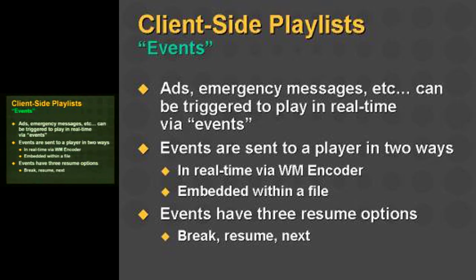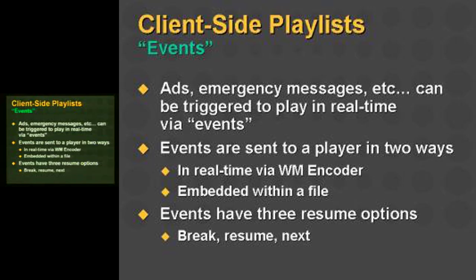You saw earlier there was a Flash demo and also the HTML demo, where it was all driven by commands inside the stream. Those are script commands. An event is really just a different script command. In this case, it's telling an ASX to go and actually change to something. They're sent to the player in two different ways. I'll show you how to do it in the encoder and also embedded within a player.